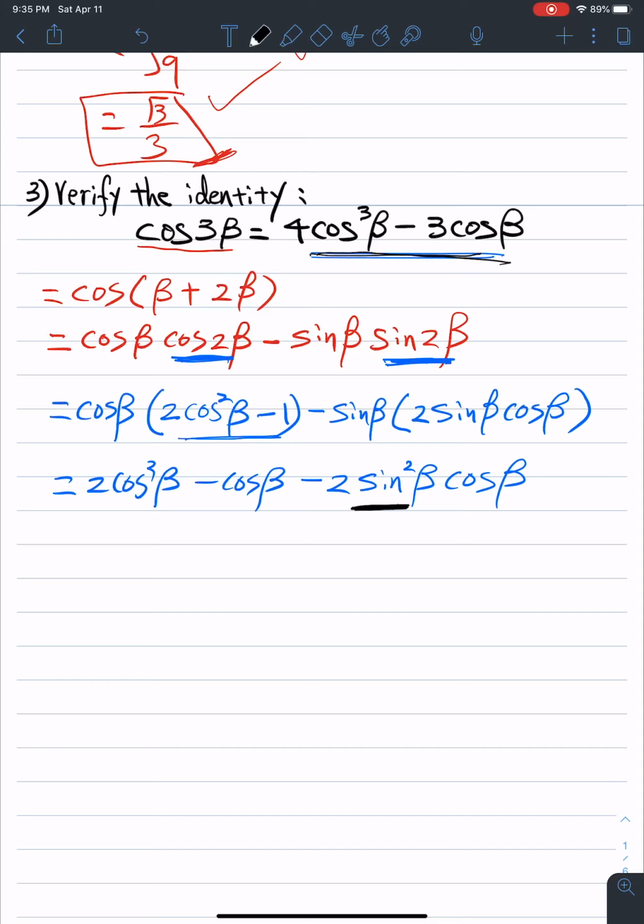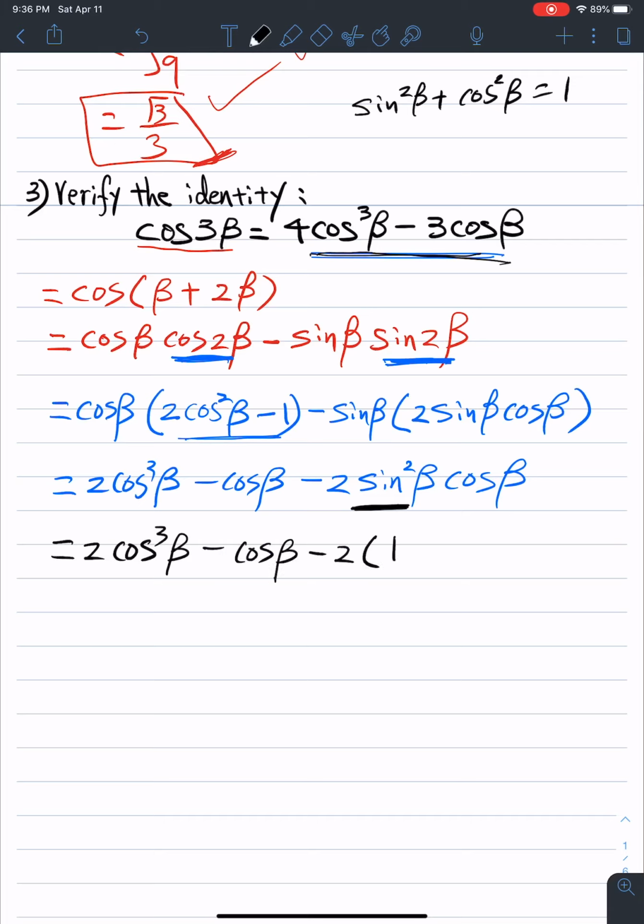So I am using the formula we learned a long time ago. That's a really powerful formula, and we use it a lot: sine squared plus cosine squared equals 1. Do you see how we get that? From sine squared, I got 1 minus cosine squared.